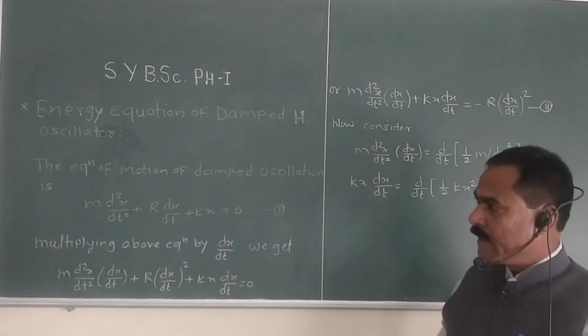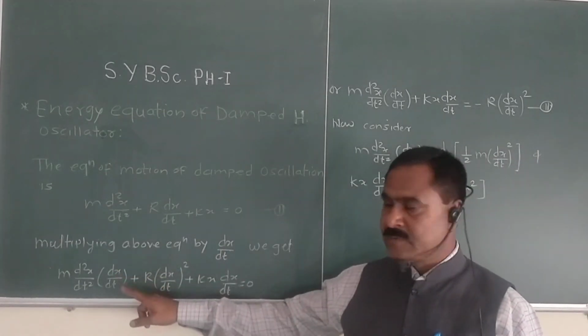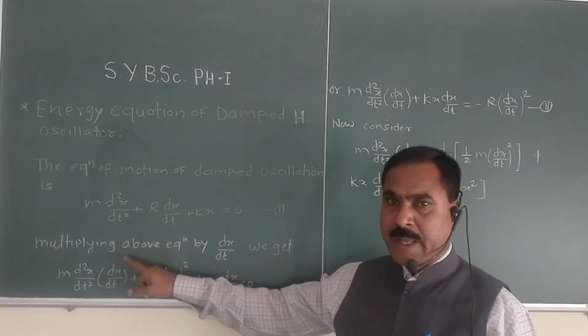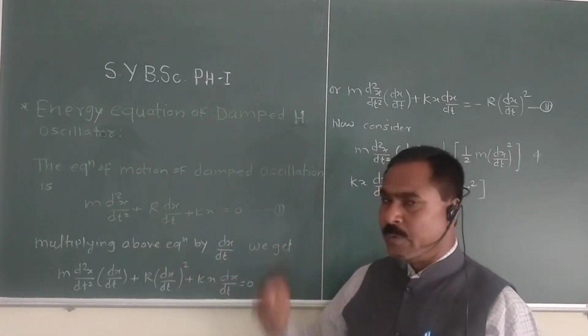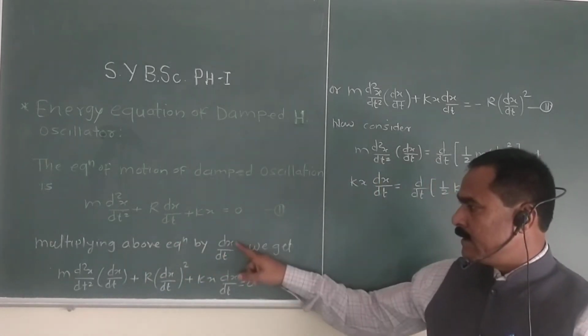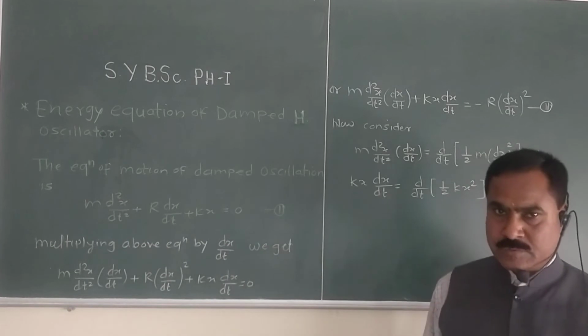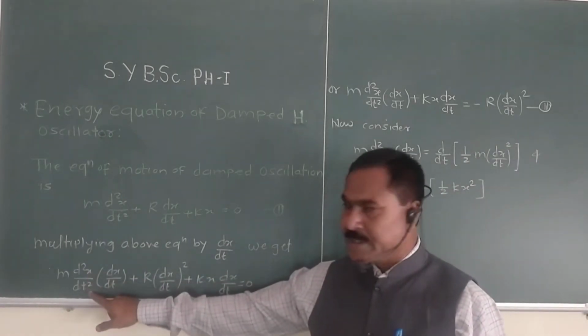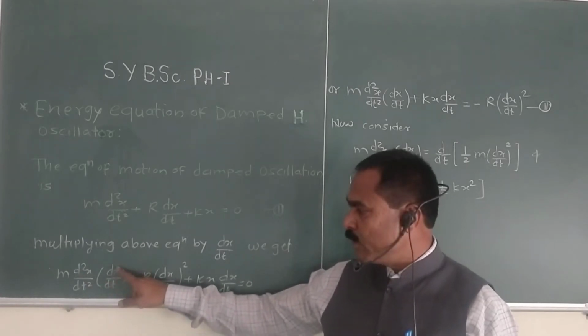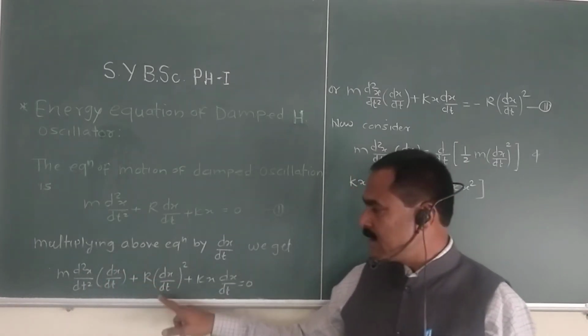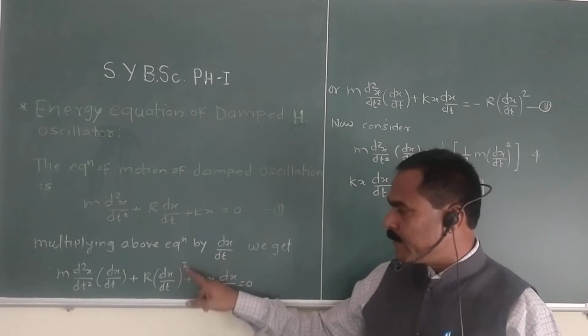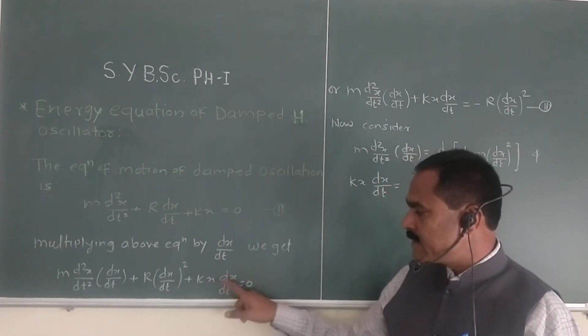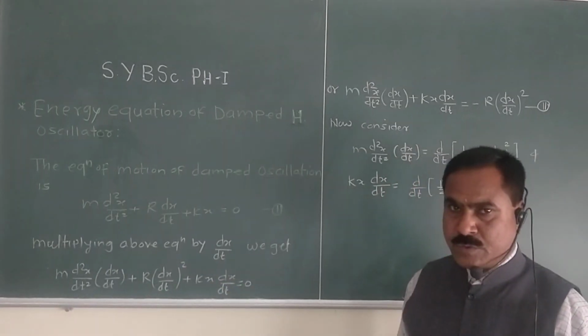Then further we are going to multiply the above equation by dx by dt throughout. So we get m d2x by dt square into dx by dt plus r (dx by dt) whole square plus kx dx by dt equal to 0.